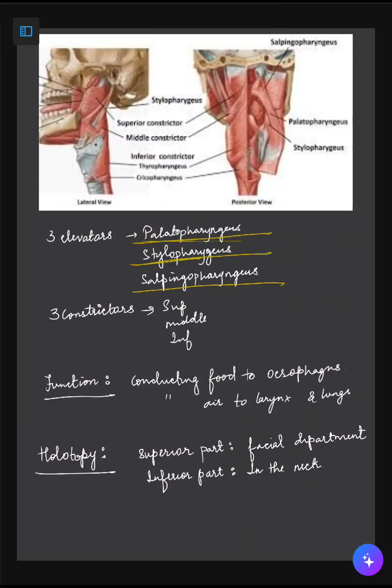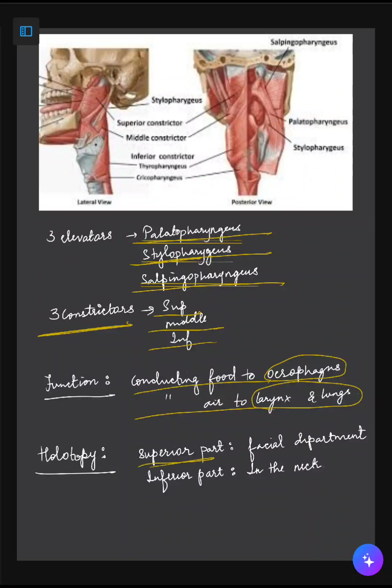Fine. What are 3 constrictors? Superior, middle, inferior constrictor muscle. It is very simple. What is the function of this? Conducting food to the esophagus and conducting air to larynx and lungs. What is holotopy? Superior part is in the facial department, inferior part in the neck.